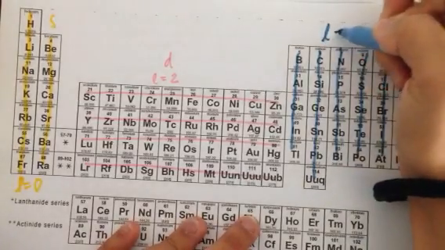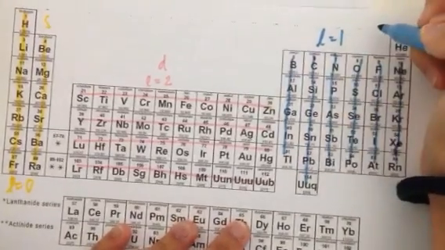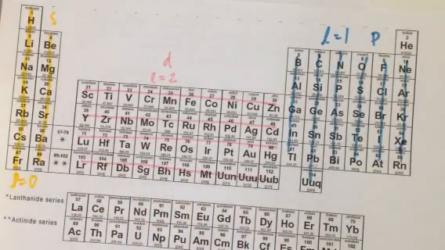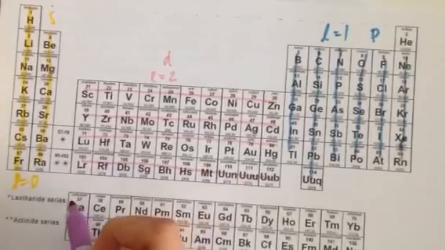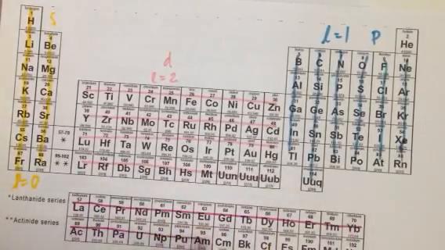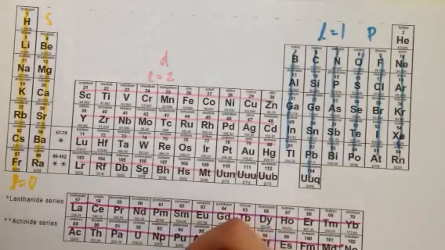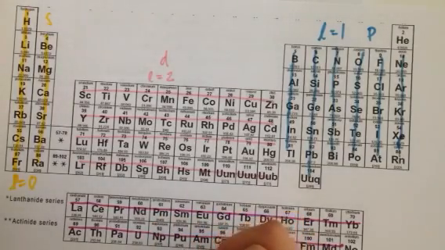L is 1 in the P sublevel. And finally, you have the F sublevel where it's just the rest of them. And L is 3 in the F sublevel.